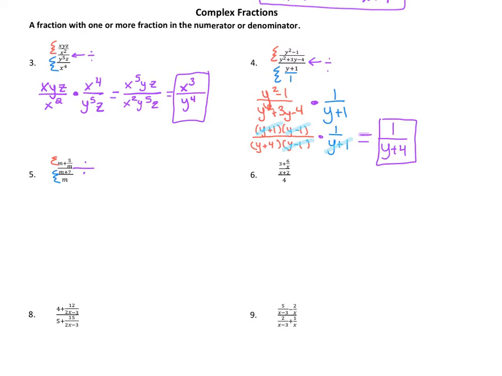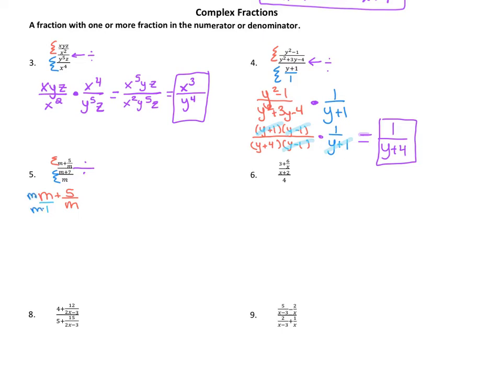So my numerator is m plus 5 over m. And before I do anything, I need to have a common denominator within my numerator. So the first thing I'm going to do is do that. So I'm going to put my first term m over 1, and then my common denominator is going to be m.